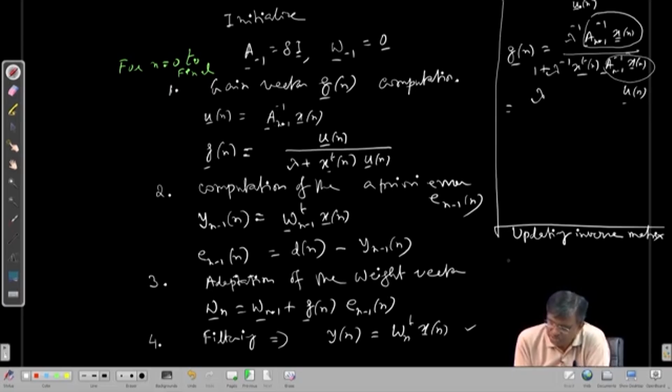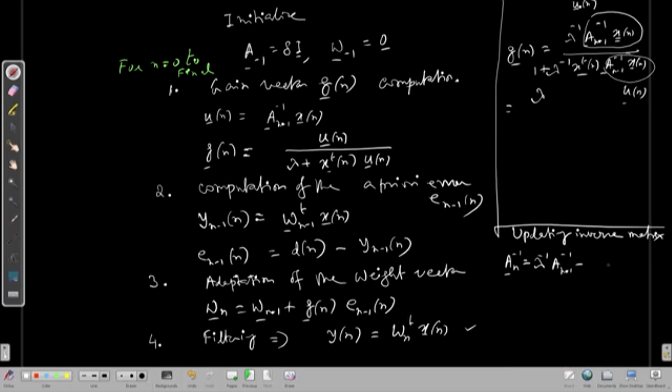But we had already obtained the formula for A n inverse. What was that? A n inverse was lambda inverse A n minus 1 inverse minus lambda inverse G n x transpose n A n minus 1 inverse, right.